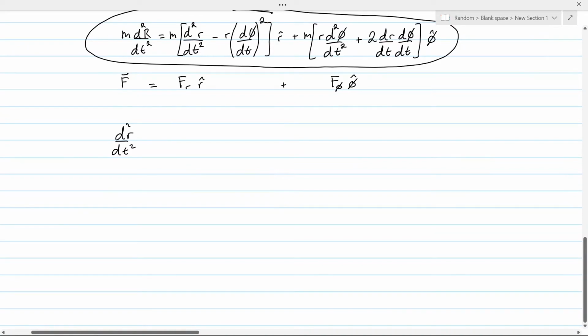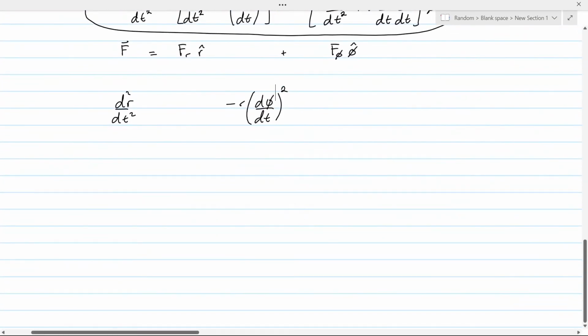The second term, minus r phi dot squared, and it's going to have some tangential velocity. Well, it's in the radial direction, right? It's minus, so it's towards the center.